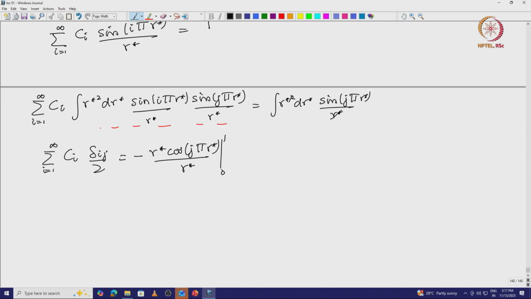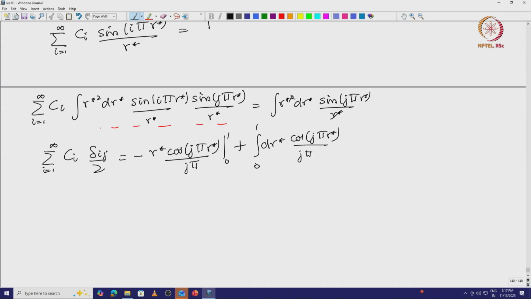I am sorry, there is no r star in the denominator, I cancel it out. Plus integral 0 to 1 dr star cos of j pi r star by j pi. And this one has to have a j pi because I have integrated sin j pi r, so I get cos of j pi r by j pi.